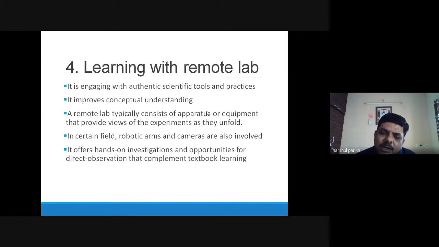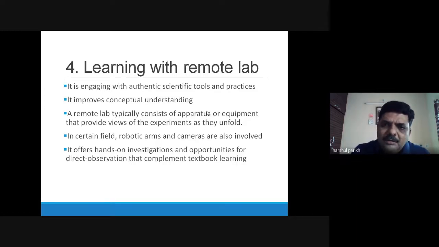So here students can directly correlate what is given in the textbook with what we obtain in the practical. So it is a better teaching-learning experience with the remote lab. The most important thing is flexibility of time. Second thing, repetition. Students can use these facilities again and again.